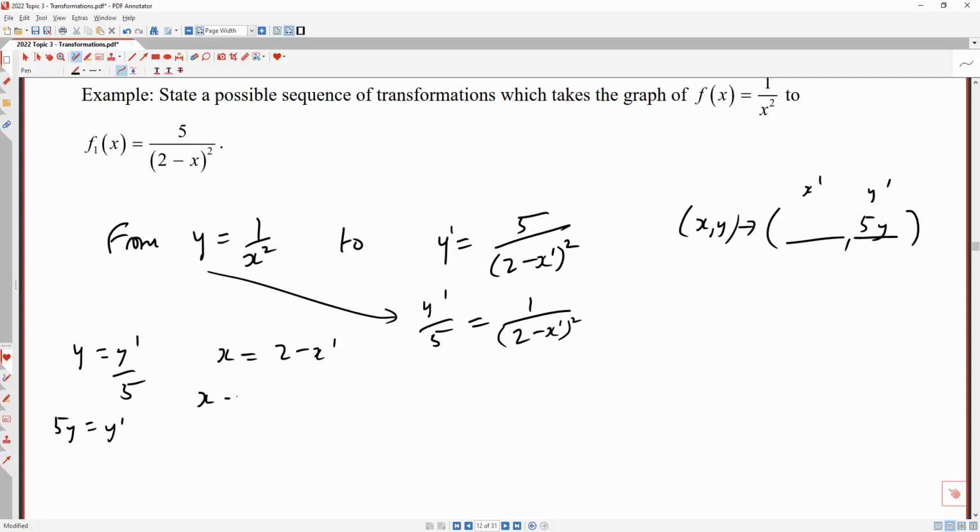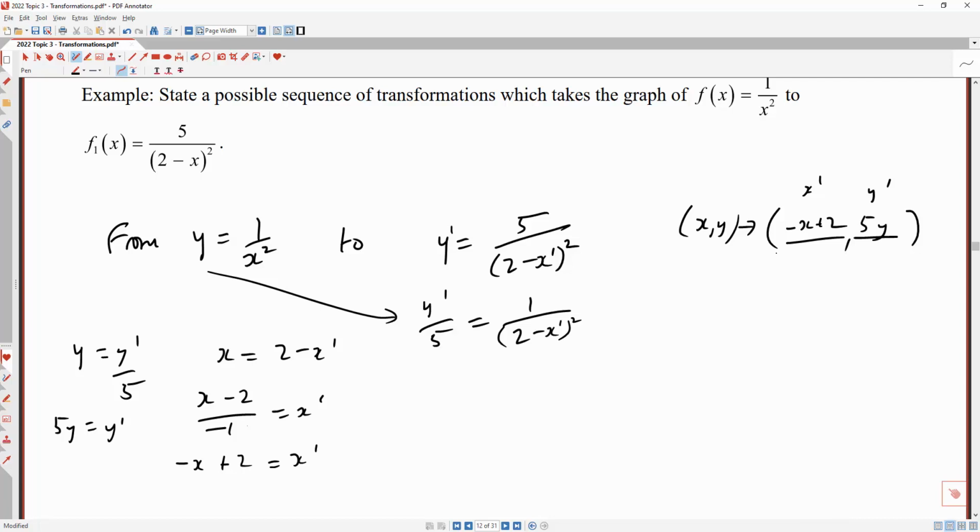This one is going to be x take 2 over negative 1 equals x dash. Now we can probably write that a little better by dividing through by this negative. So I'm going to write that as negative x plus 2 equals x dash, dividing that by negative 1 and dividing this by negative 1. And then I'm going to write that in.